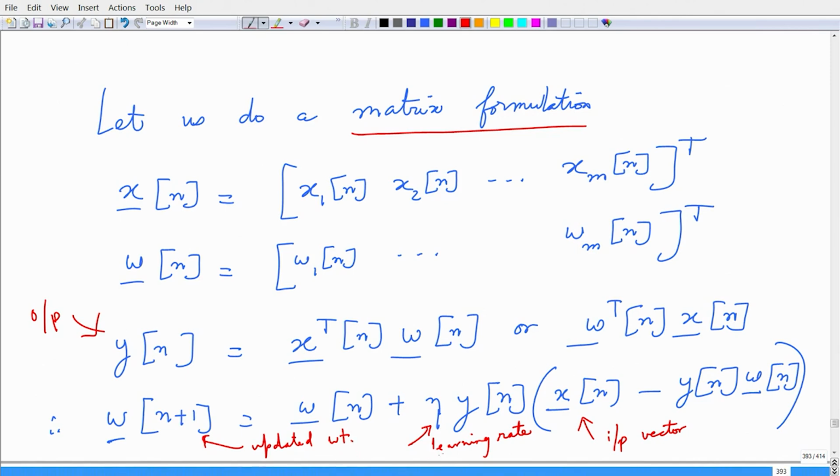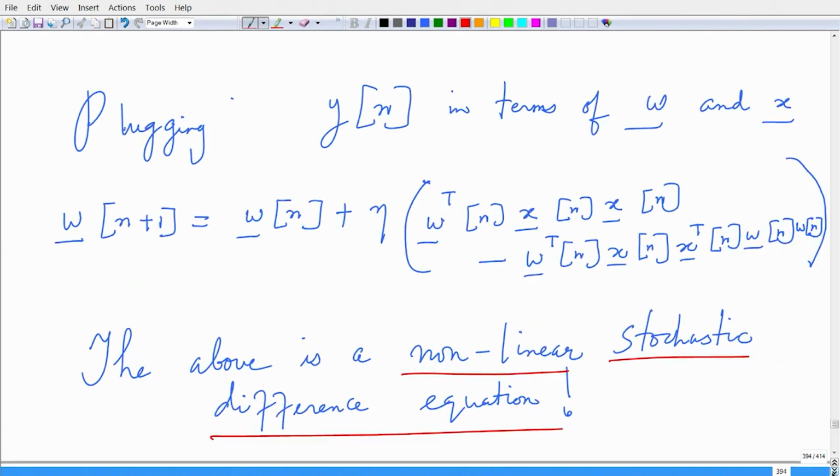Okay. So, with these formulations, let us simplify this. Now, I plug in y of n in terms of w and x. I am missing a time step n here, which is implied.